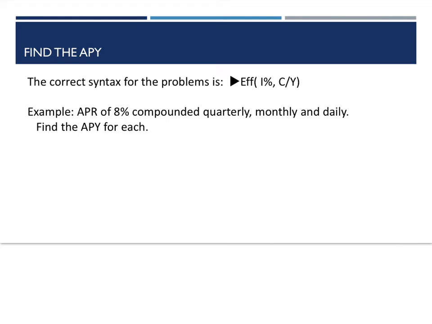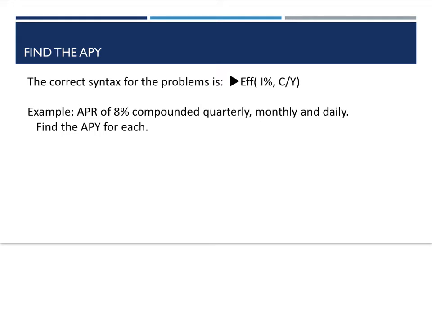Now, for us, if we want to find the APY, we actually don't have to go through the exercise that we did. That was just so we could see it happening and prove to ourselves what was happening. On our calculator, there is a command that will find the APY.